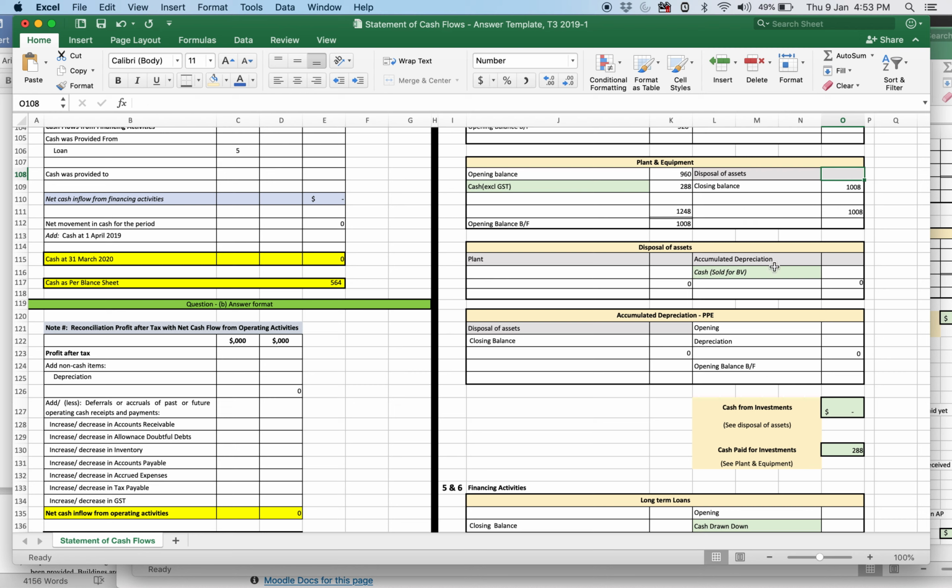So when we disposed it, that figure is going to be the difference between the two sides to balance it, which will be 240. Okay, so that means that we got 240 for it. So the journal is disposal fixed asset 240, which is good.